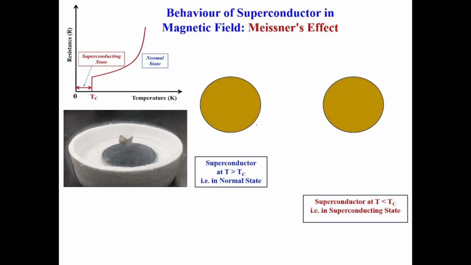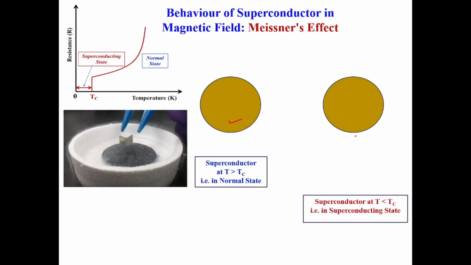Now we are going to consider two situations. This is situation 1, and this is situation 2. In situation 1, suppose this is a superconductor at a temperature greater than TC, that means in the normal state.